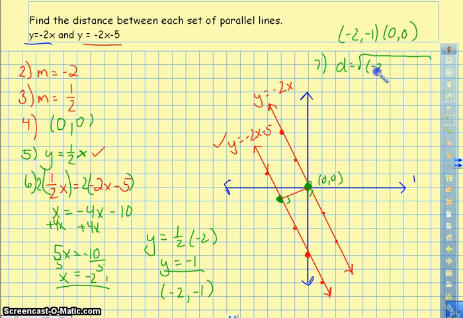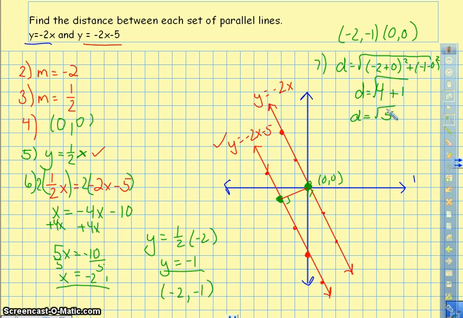So I have negative 2 minus 0 squared plus negative 1 minus 0 squared. Negative 2 squared is 4. Negative 1 squared is 1. So my distance equals the square root of 5.